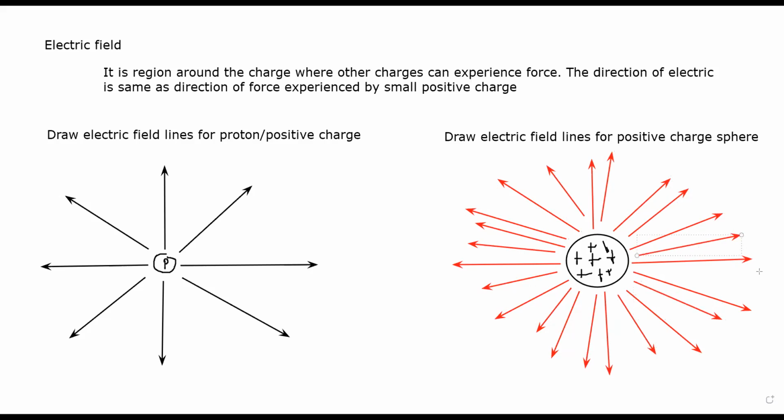Is it clear? The strength is different, but the direction in which the positive charge moves when placed next to a proton or a positive charged sphere will be the same.